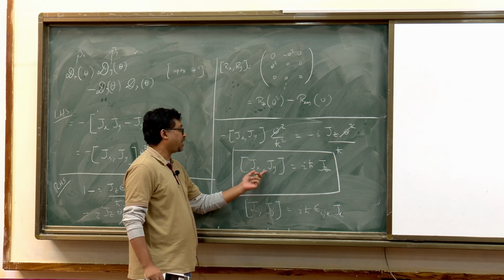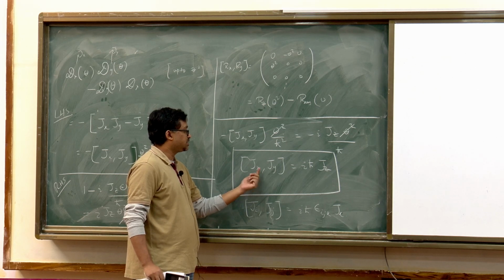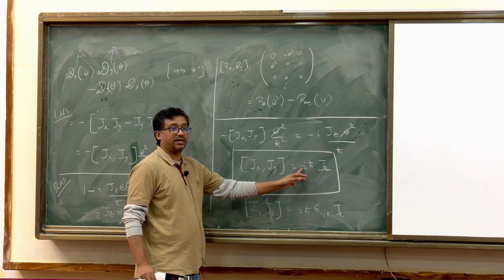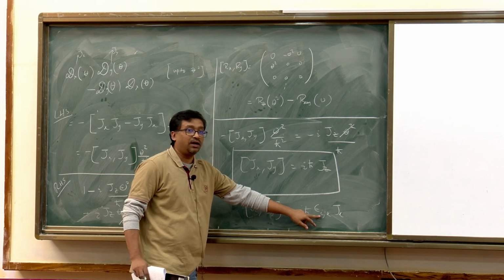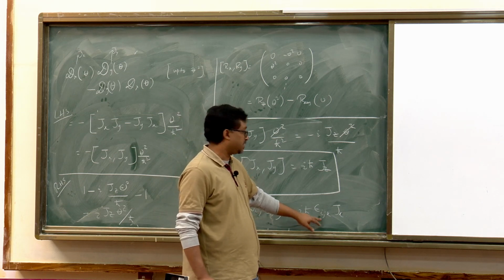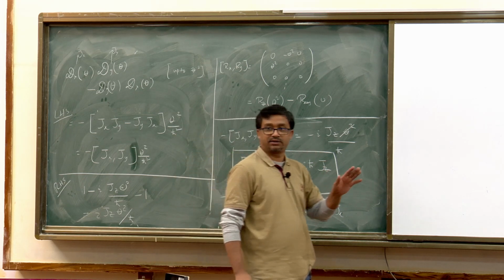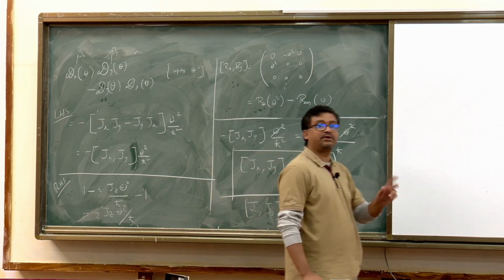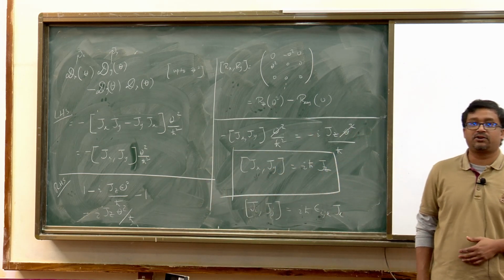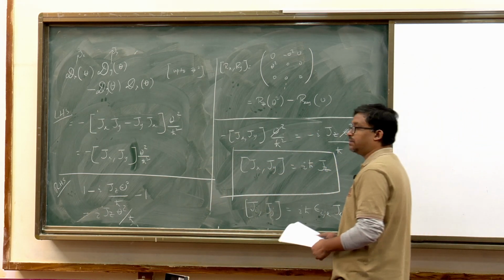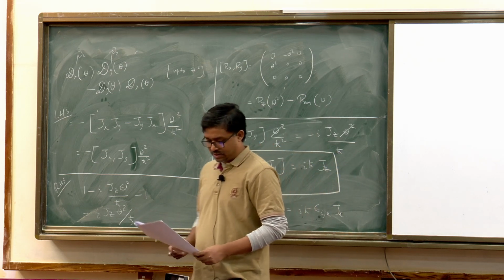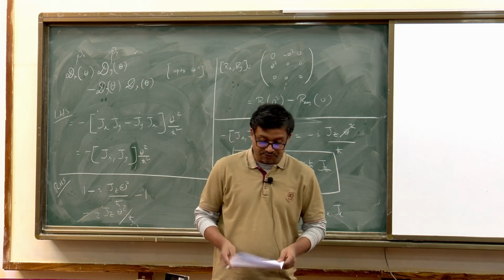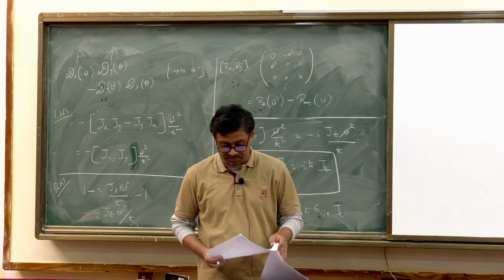So if I have Jy Jx instead of Jx Jy, then it would be minus. That symbol takes care of the fact that you have to maintain a certain order. In that ijk order, if you have a reverse order, there will be an introduction of a sign. That is known as the Levi-Civita symbol. Okay, that is our fundamental relation of angular momentum.